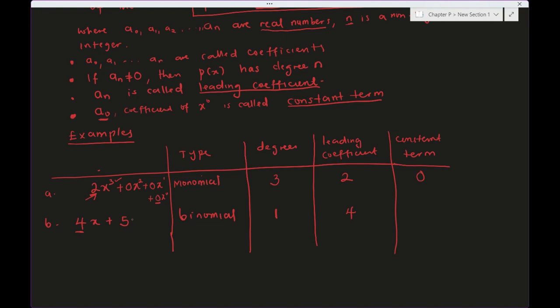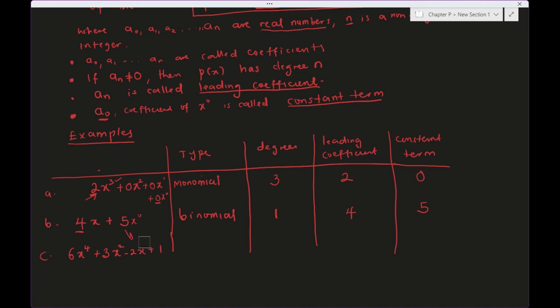The constant term is the coefficient of x to power 0, because this is like 5x to power 0. So the constant term is 5. Then let me take one more, which is 6x to power 4 plus 3x to power 2 minus 2x plus 1. Here we have how many terms? 1, 2, 3, 4.